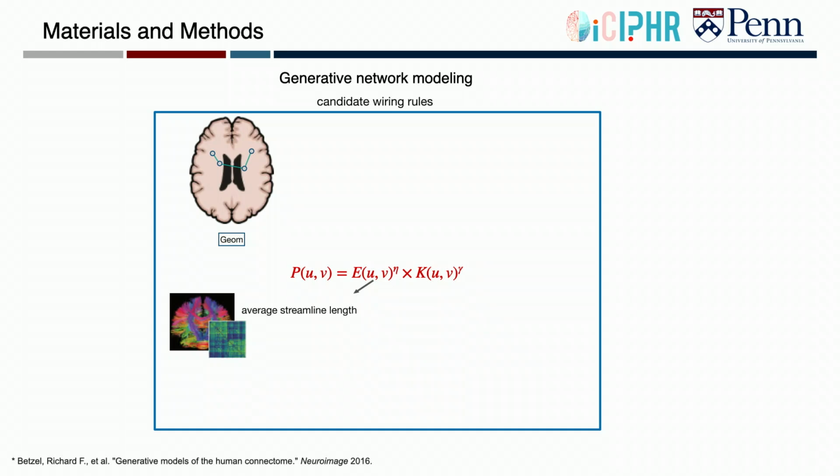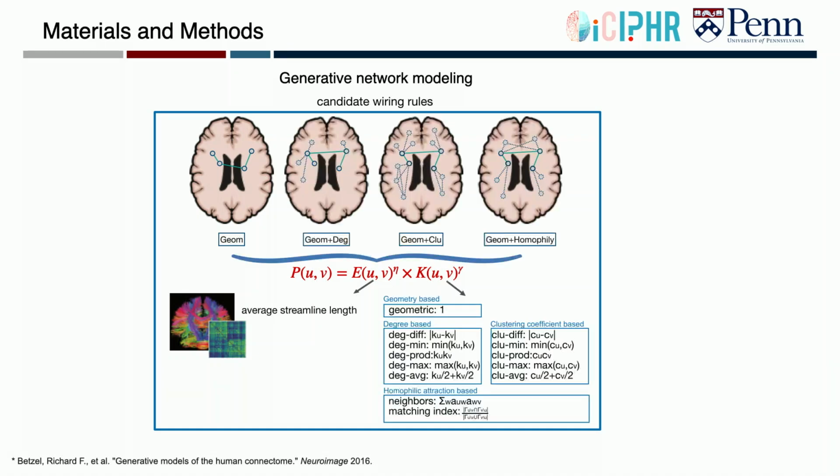We have two parameters, eta and gamma, controlling the influence of the two terms. By varying eta and gamma, we can fit a model to different subjects' brain networks. We tested 13 generative network models that were proposed by Betzel 2016, including degree, clustering coefficient, and homophily-based constraints, as listed here.